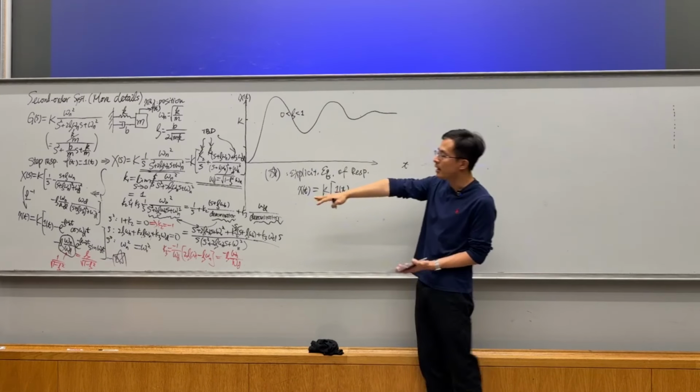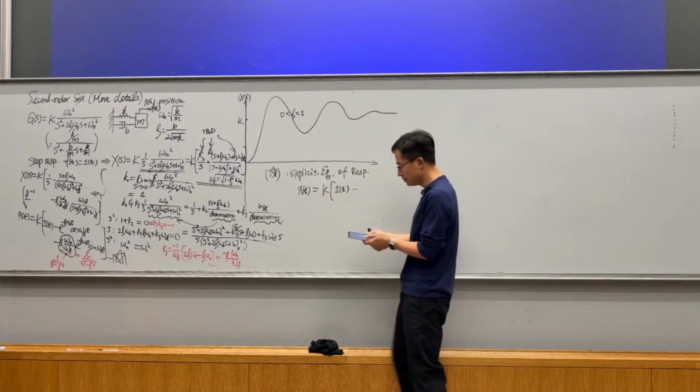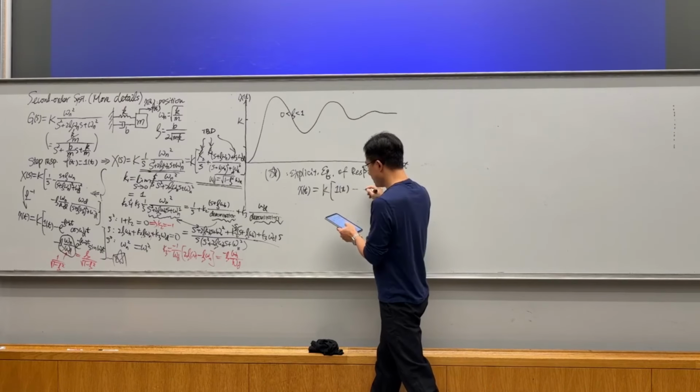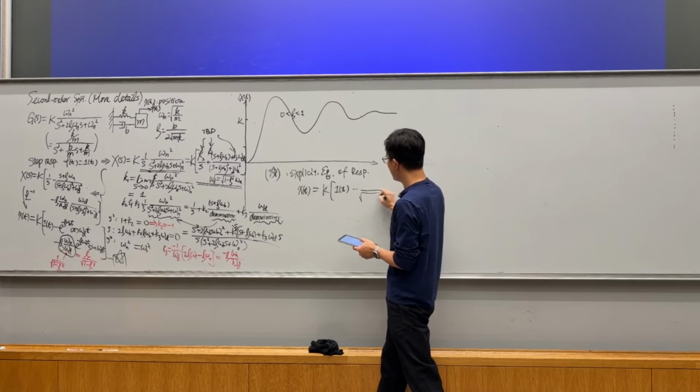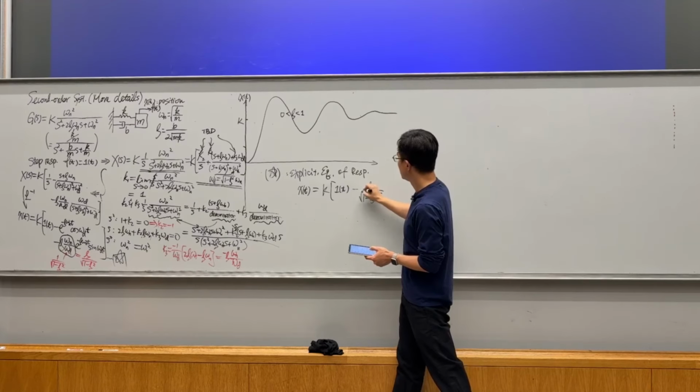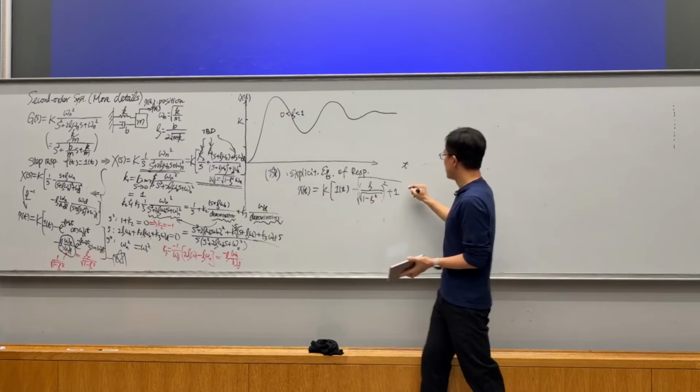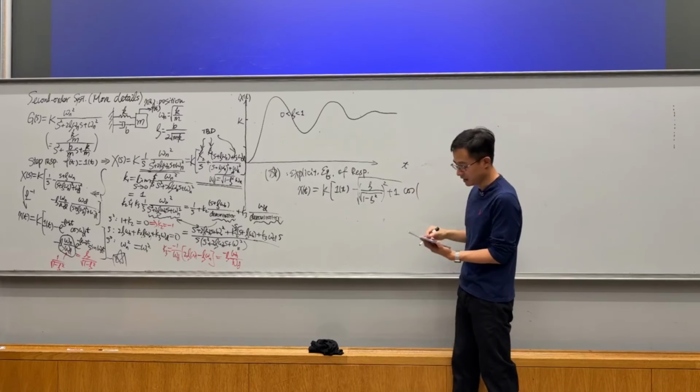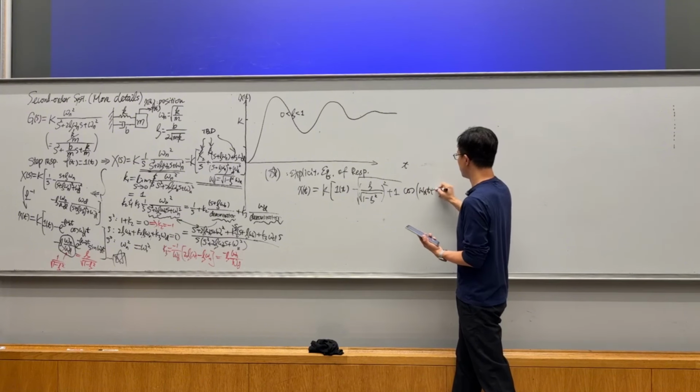If we want to combine the sine and cosine terms, we can lump them together and write it as square root of 1 minus zeta squared, zeta. I'll write the structure first: cosine of omega d t plus phi of t.